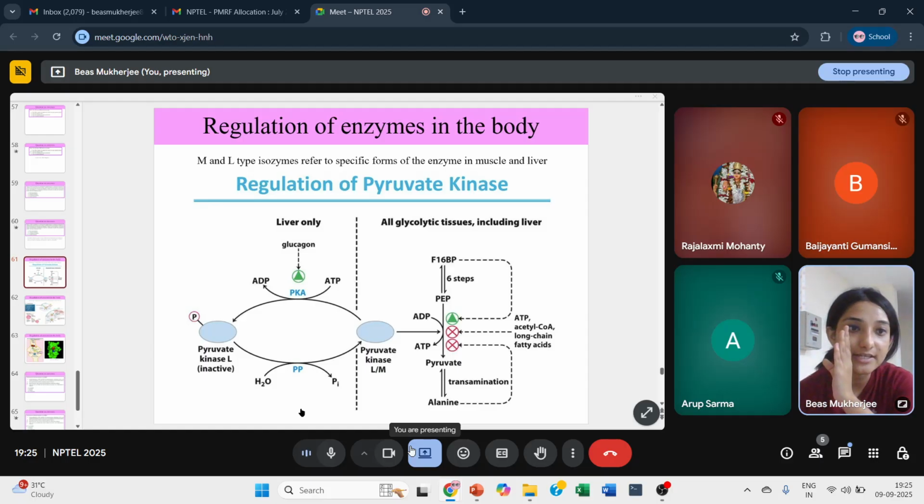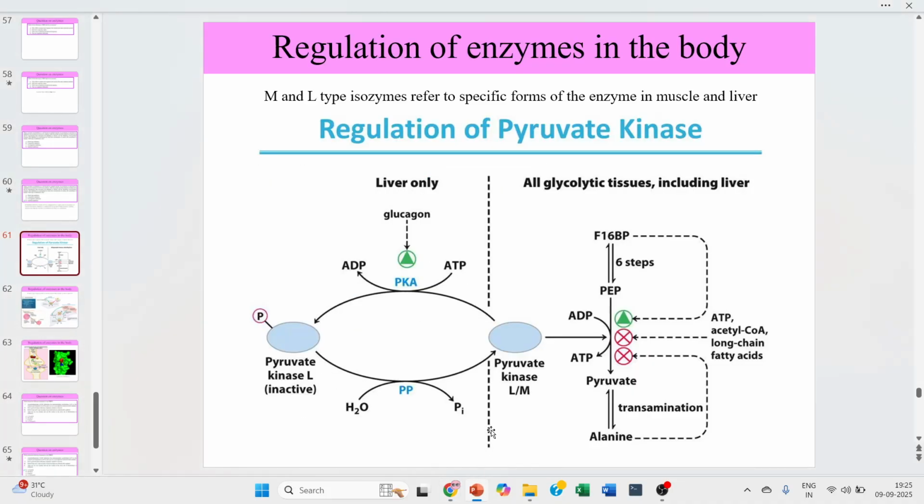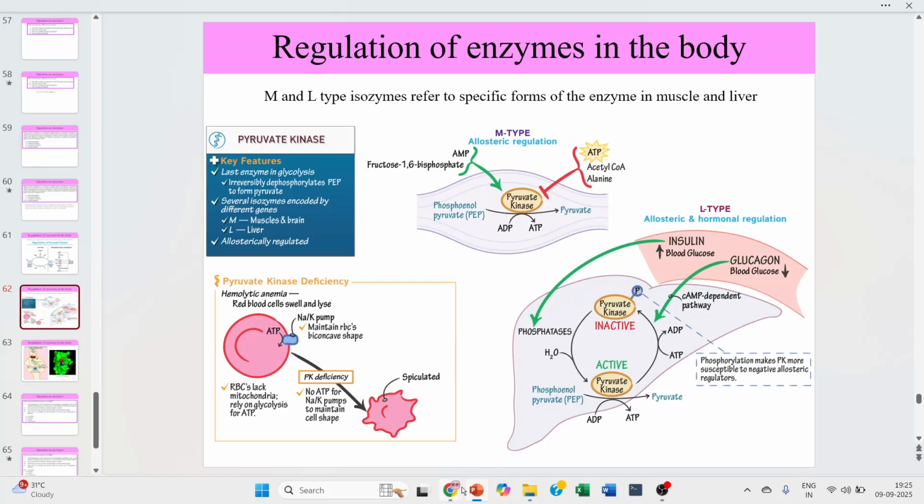So phosphorylated pyruvate kinase L is getting converted into unphosphorylated L or M, and that is being done by generation of inorganic phosphate. So the phosphorylated form is inactive, the dephosphorylated form is active. Okay, and then reversion is actually using ATP. Now see what is happening.